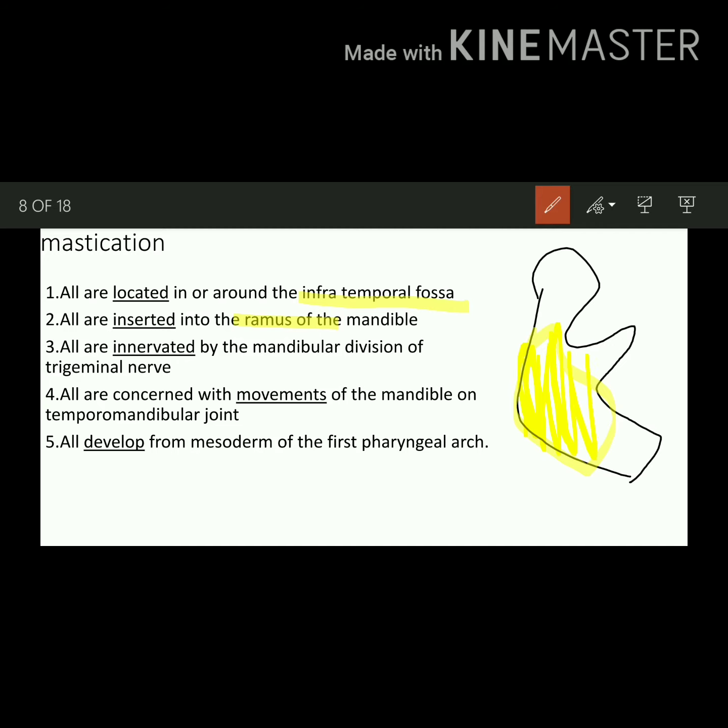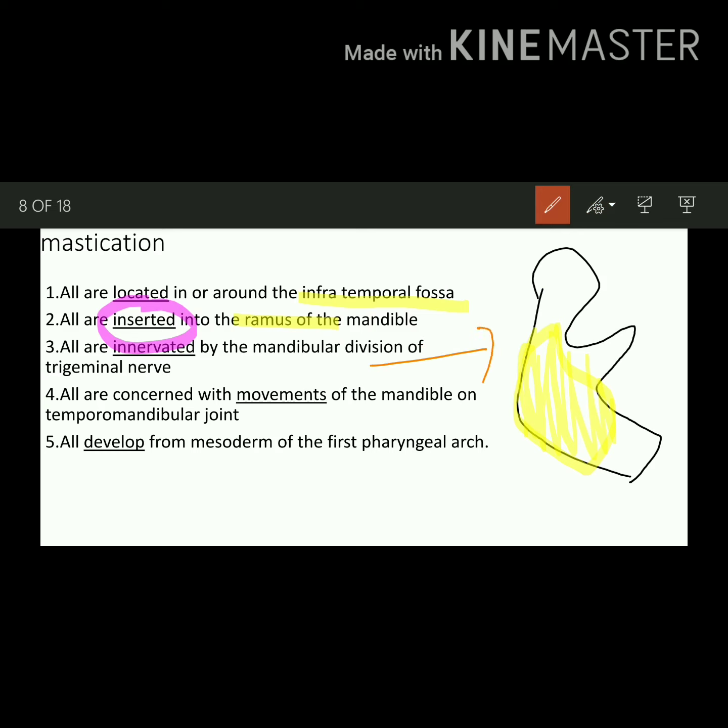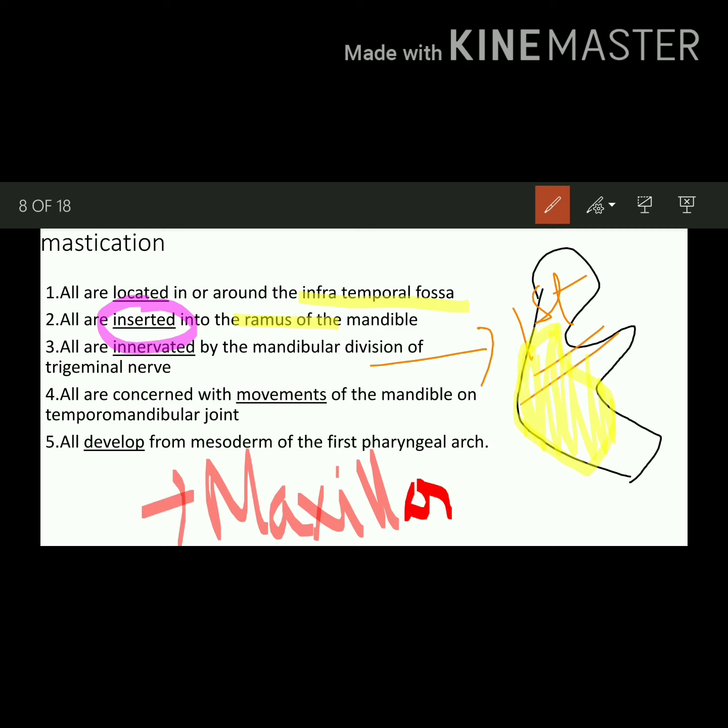So everything should have at least attached to the ramus, inserted. It's not origin, remember, it is insertion. One thing to notice, all of these are derived from the first branchial arch. As we know, the first branchial arch nerve is the mandibular division of the trigeminal, and the first arch artery is the great maxillary artery, which is a branch of the internal carotid artery.